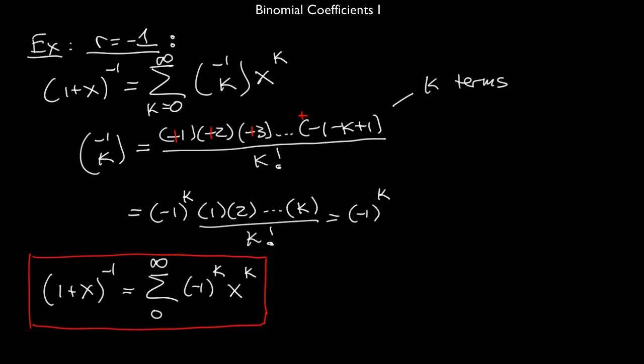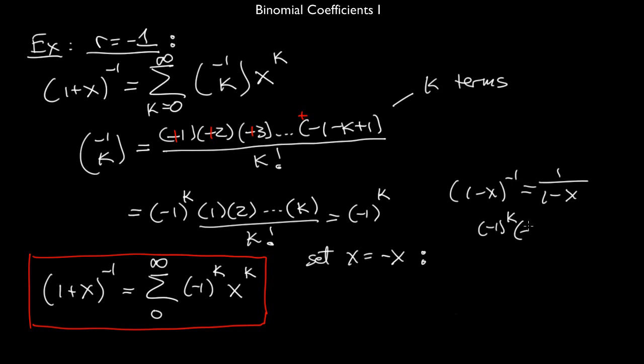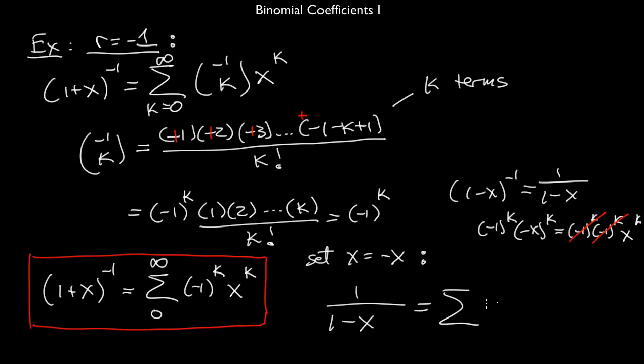Well, let's see. One nice thing to do is to replace x with minus x. Then the left-hand side is 1 over 1 minus x, and the right-hand side becomes (-1)^k (-x)^k, and the minus 1's cancel, and you conclude that you get the following formula. 1 over 1 minus x is the summation, k runs from 0 to infinity, of x^k.